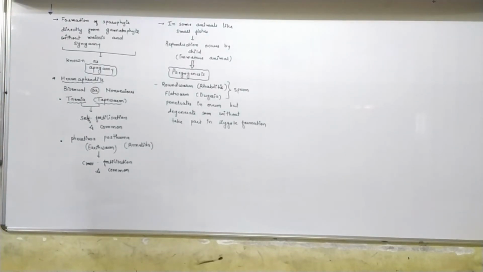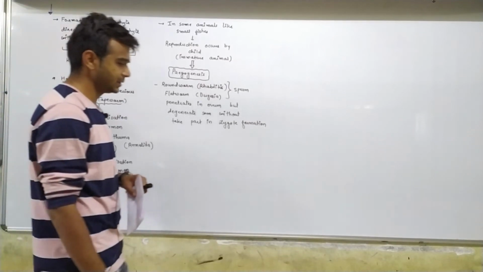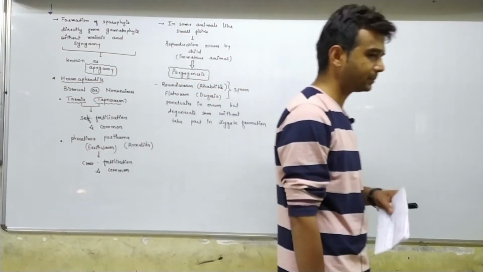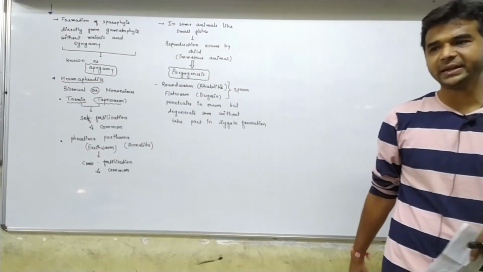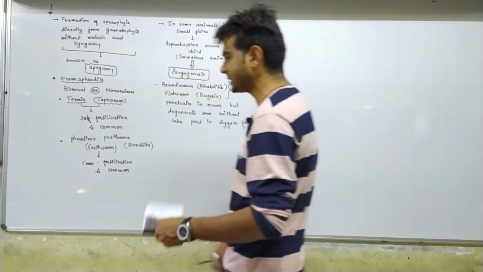Okay, so in animals like Rhabditis and Dugesia, the sperm penetrates the ovum, but it is not converted into a zygote. Immediately it is degenerated.